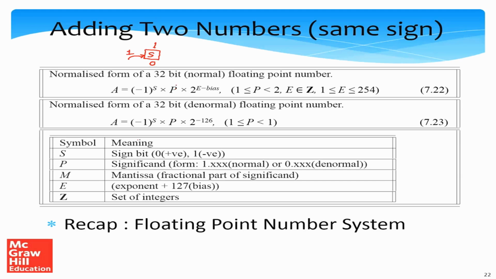The significand is of the form 1 point, a sequence of 23 zeros or ones, so 1 is less than or equal to p and is less than 2. Then we have 2 to the power e minus bias, where e is the exponent that is stored, and bias is 127.